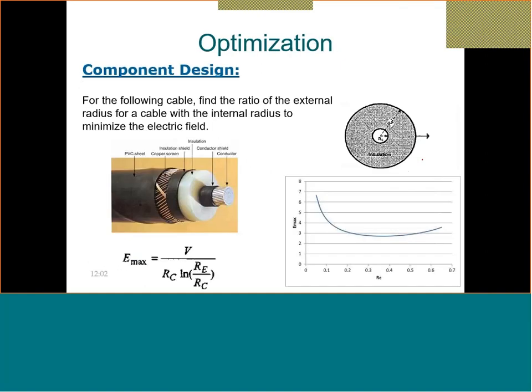Also, optimization can be used on a component. This is what we call an underground cable. If you live in Waterloo, you might have seen that inside the city there are many poles with overhead lines. We call them distribution lines, and we use them to distribute the power to our houses.